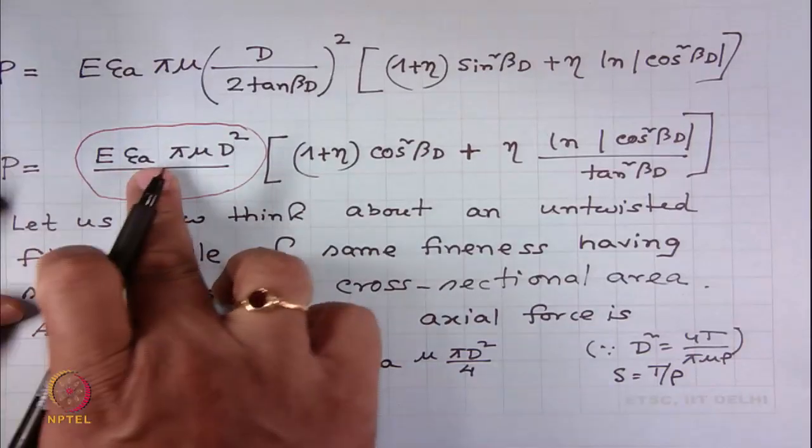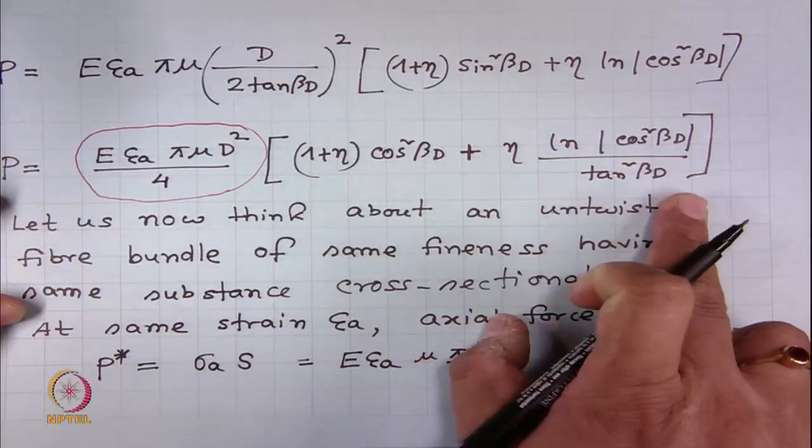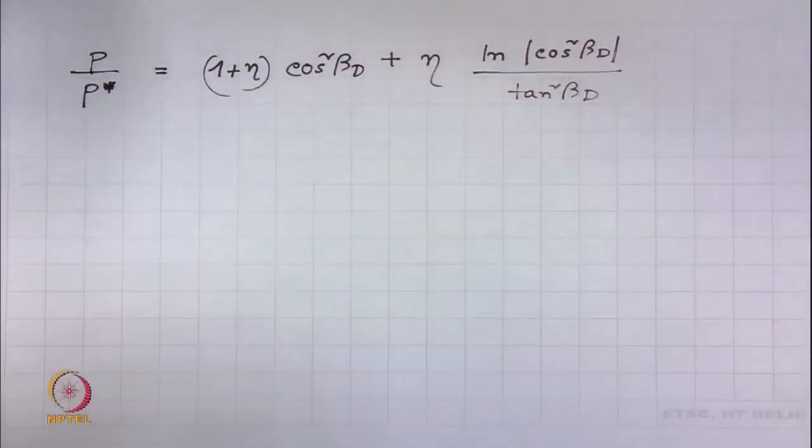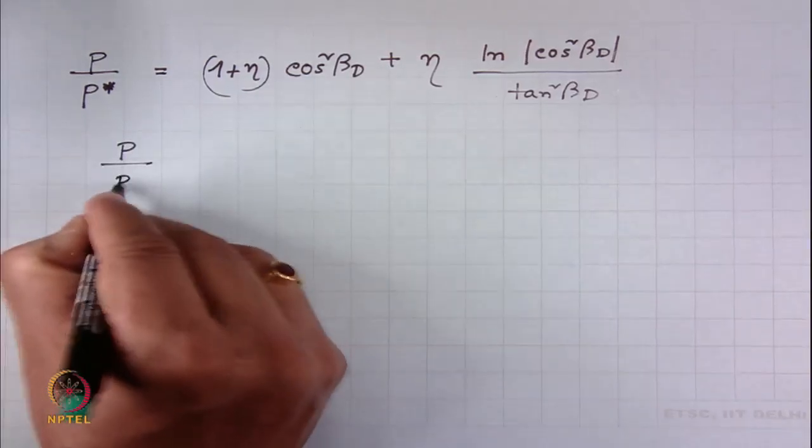So, P by P star is equal to 1 plus eta sin square beta d plus eta ln cos square beta d by tan square beta d, same here. Now, something about this quantity P by P star.